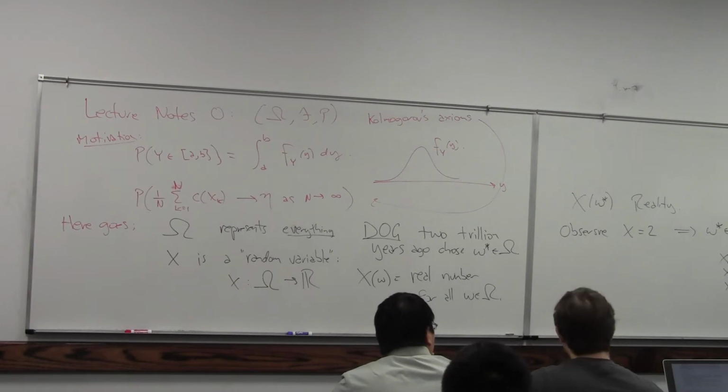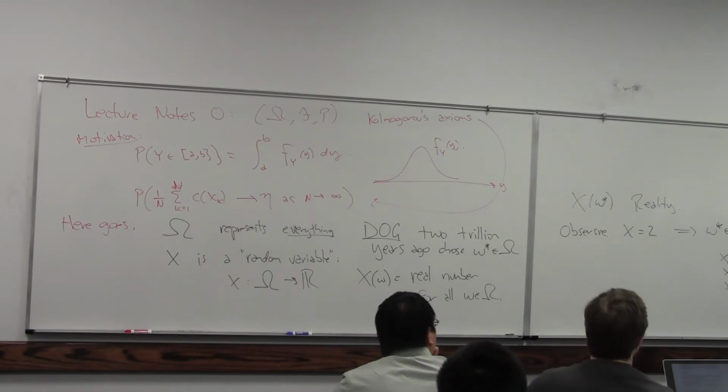And every one of those implies a cut in omega space. I'll call that S0, so S_k equals the set of omega such that x_k of omega equals the number observed.